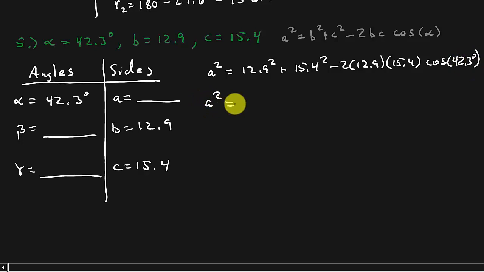And so A squared is equal to 109.7, and so A is equal to 10.47. There you go.